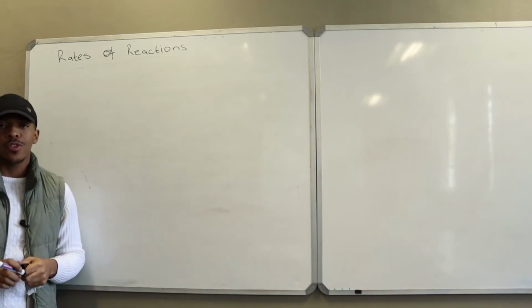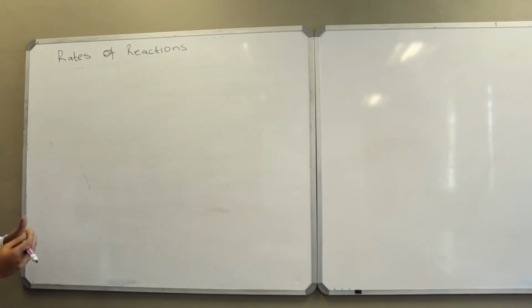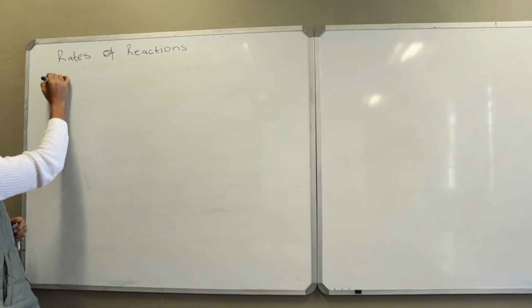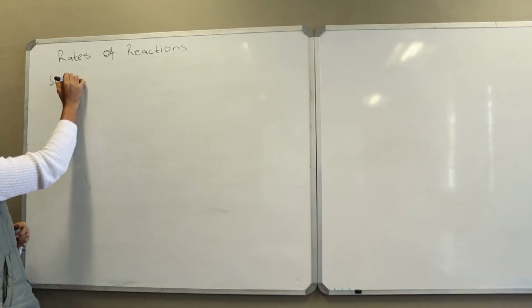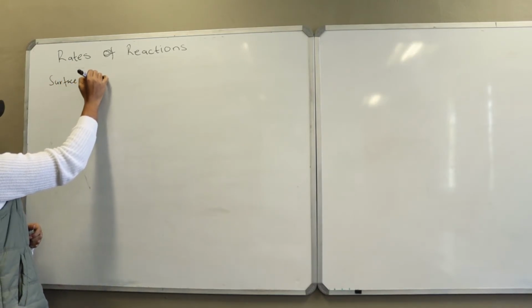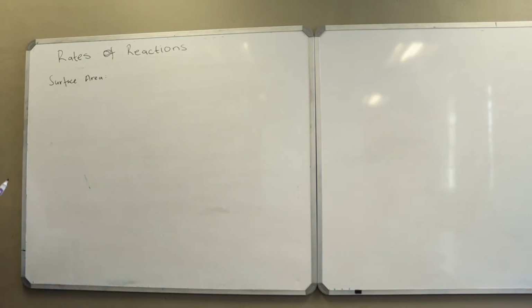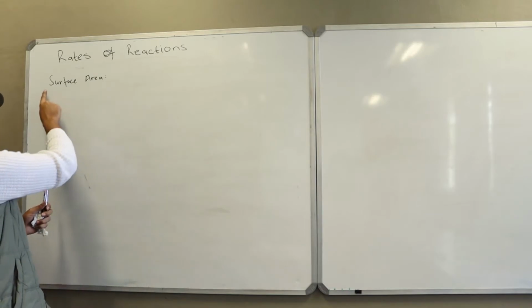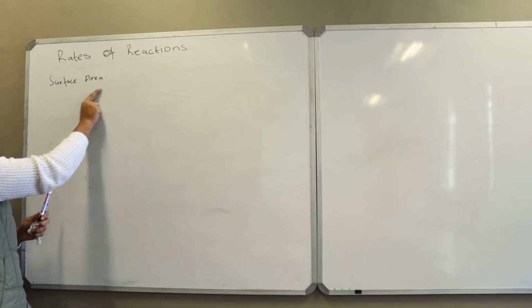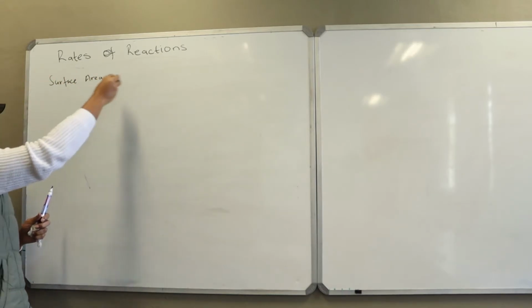Now let us move to surface area. Okay? Let's take surface area. We're not moving in order. Surface area. So how does collision theory explain the effect of the change of surface area on the rates of reaction?